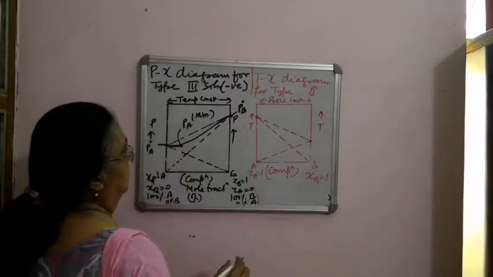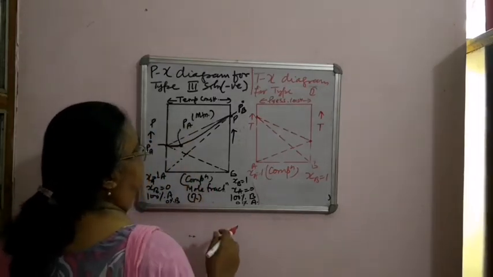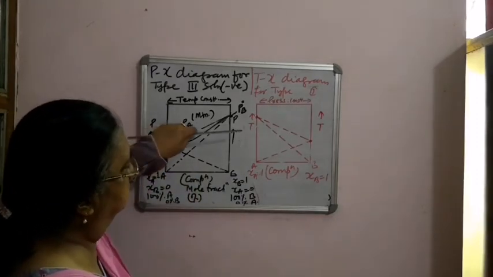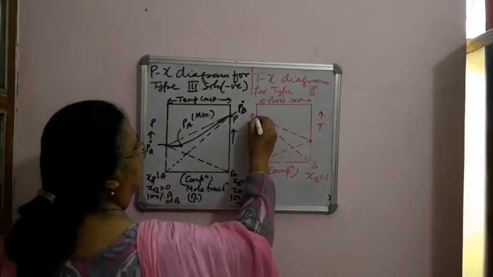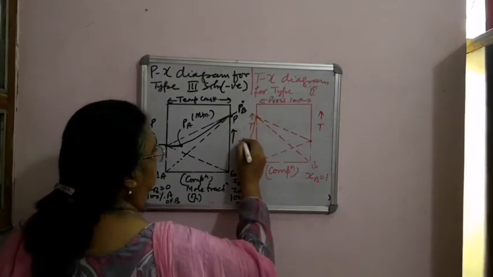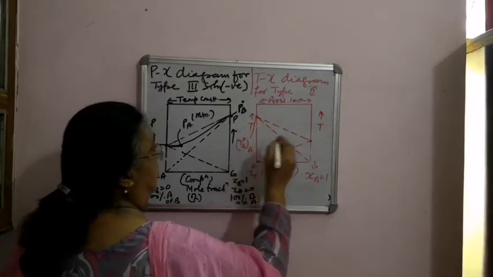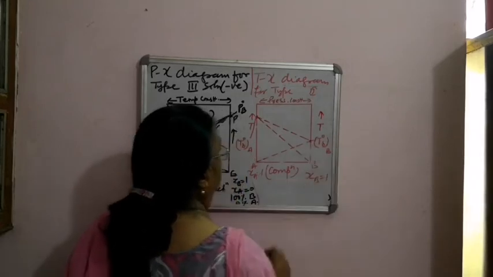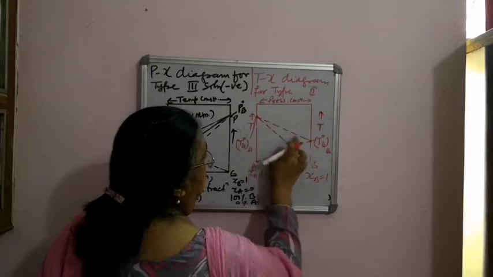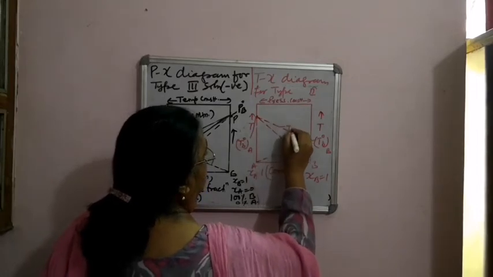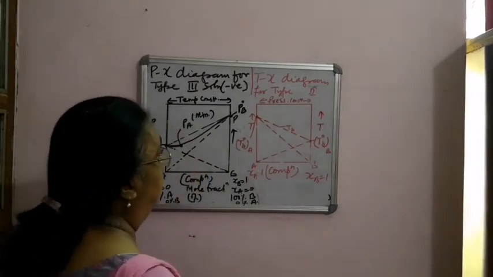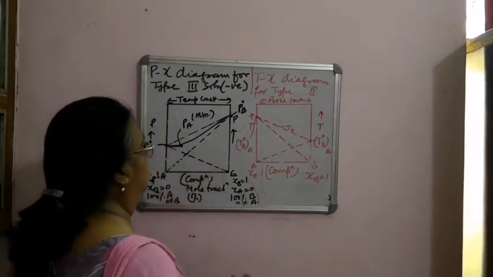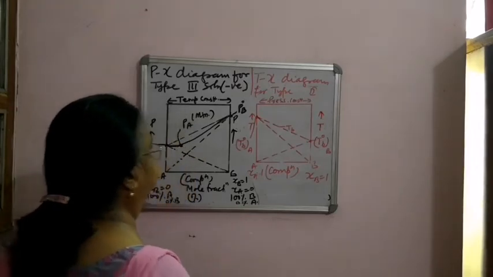So this is the ideal condition, and in this case this point is the boiling point of component A, and this is the boiling point of component B, and this line is indicating the boiling point of the solution. So when this is the condition, negative deviation, in this case what will happen?